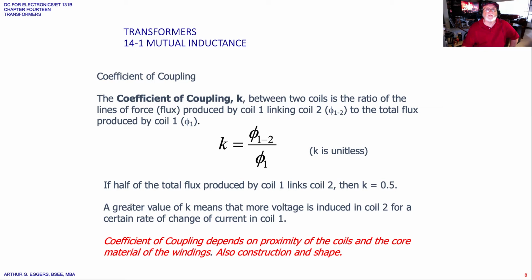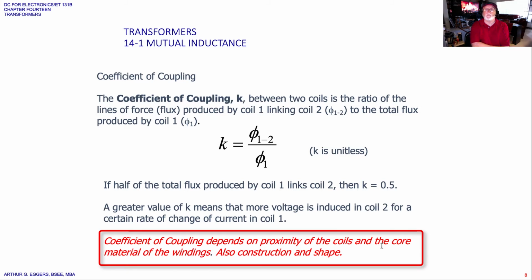The greater the value of K means that more voltage is induced in coil 2 for a certain rate of change of current from coil 1. So coefficient of coupling depends on proximity of the coils and the core material of the windings, also the construction and the shape. And these are things that we're going to find out about.